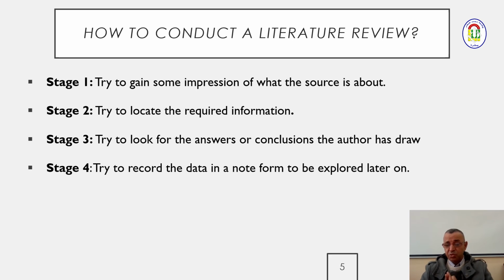That means we have to mention the author's name, generally the last name, the year of publication, and sometimes, when we record data, we do it in two ways. Either we paraphrase, we reword, we rewrite other ideas of other works in our own words, so here we don't need to put the page number.